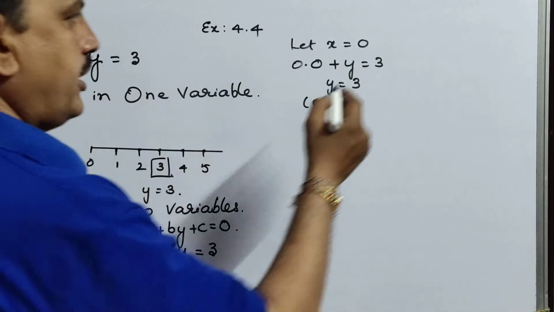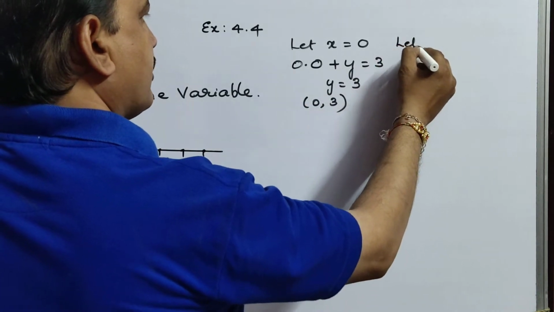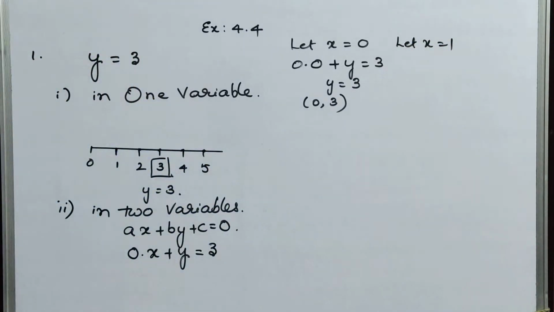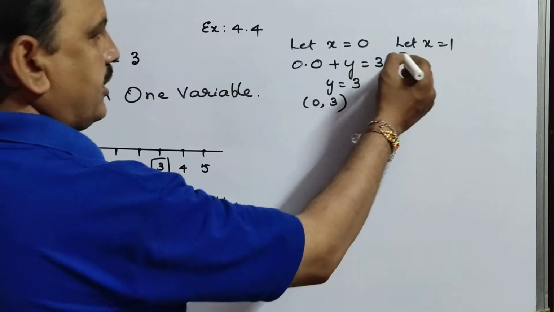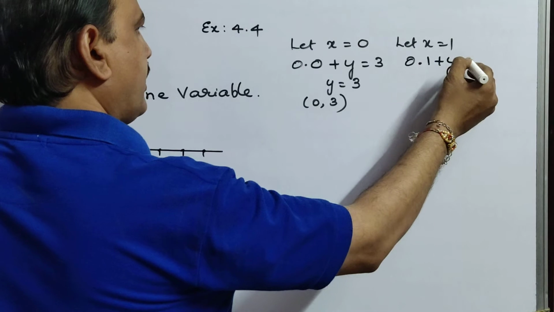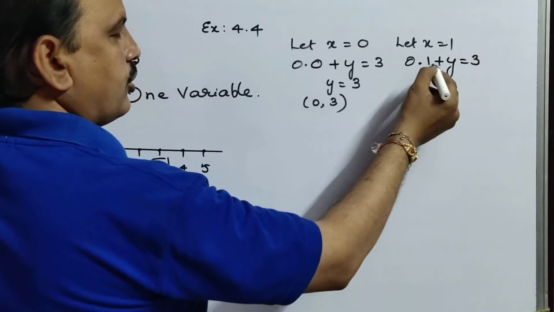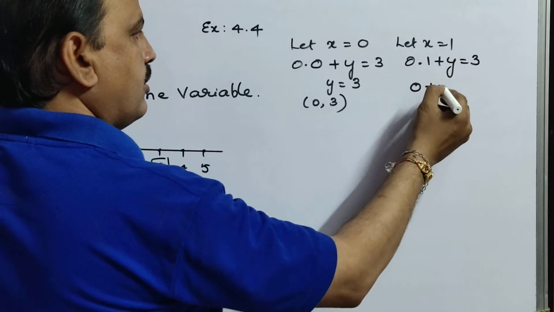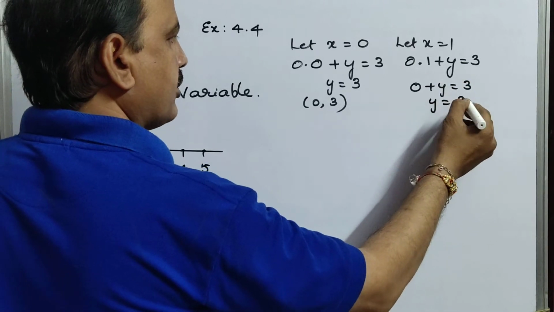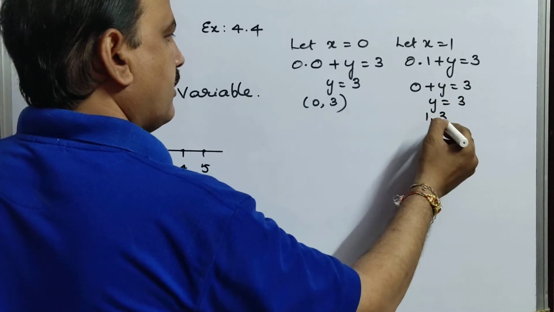Now take let x equals to 1. Again what will you do? In this only you substitute instead of x. 0 into x plus y, so that is 0 into 1 plus y equals to 3. 0 into 1 is 0 plus y equals to 3. Therefore, y equals to 3. That means 1 comma 3.